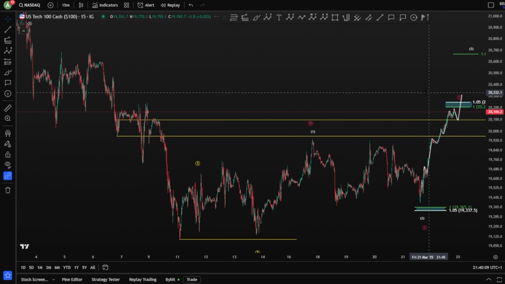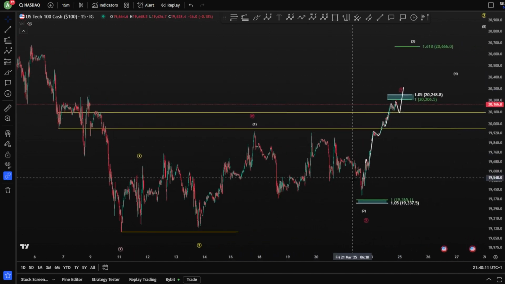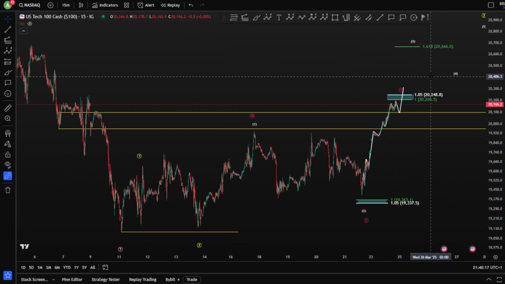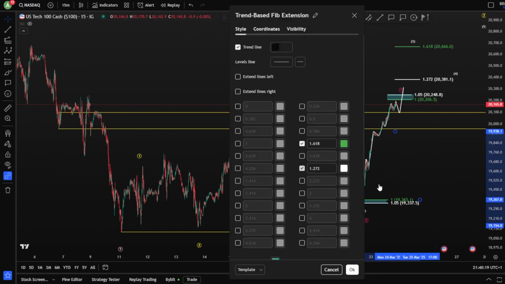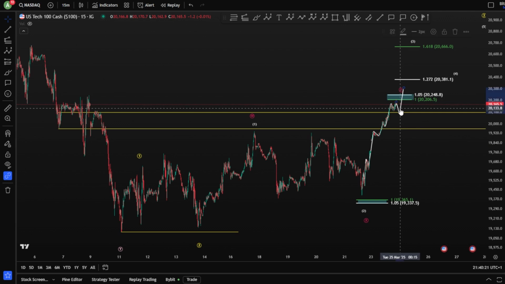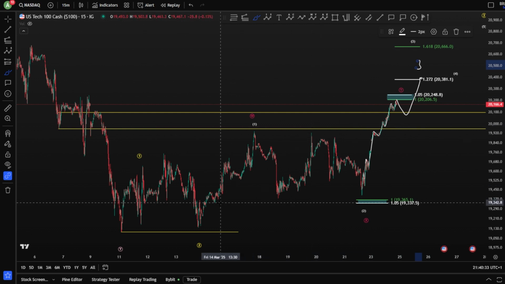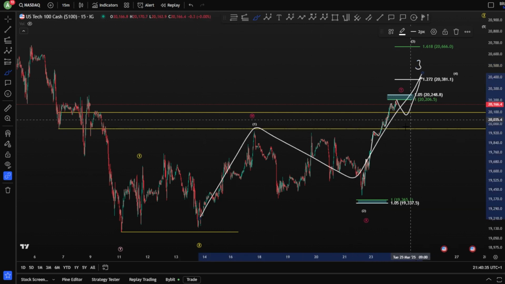Why? Because if we are in 1, 2 here, and this is your uncommon target, the 1.27. Sorry, here we go. If this wave 5 is very impulsive, and we move to hit at least the uncommon target 1.27, therefore you can confirm a wave 3, meaning 1, 2, 3.